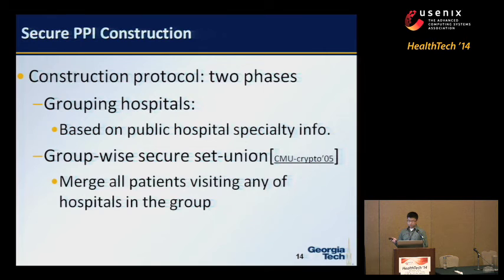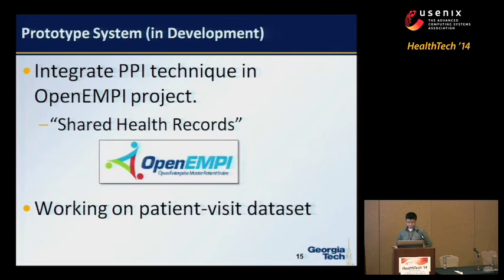By using this protocol, we can merge the patient lists of different hospitals in one group together in a relatively efficient way. An alternative approach is to use generic multi-party computation, which, however, is very inefficient.